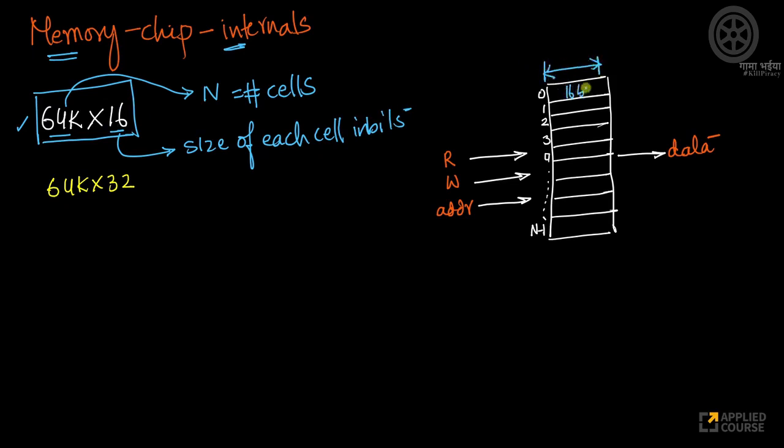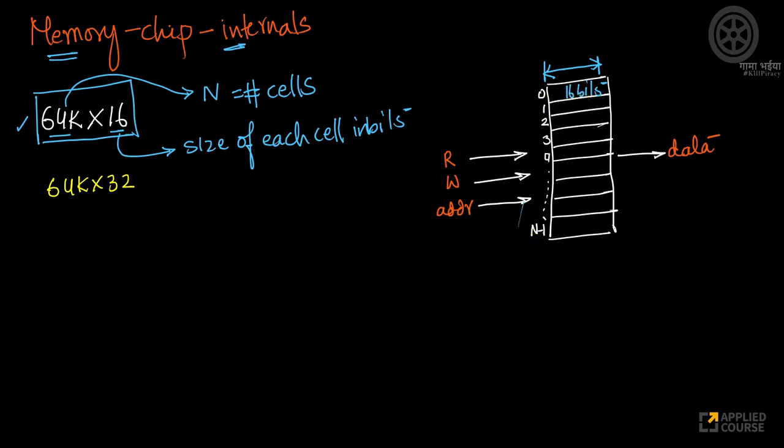So 16 bits of data can be stored in each cell, or each word, or each location. Whenever you're given a chip which says 64K cross 16, it means it has 64K cells and each cell can occupy 16 bits.